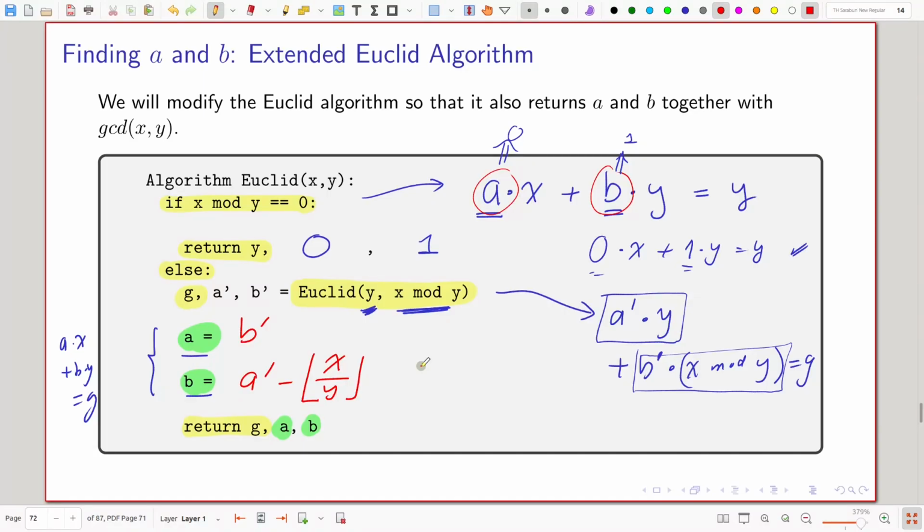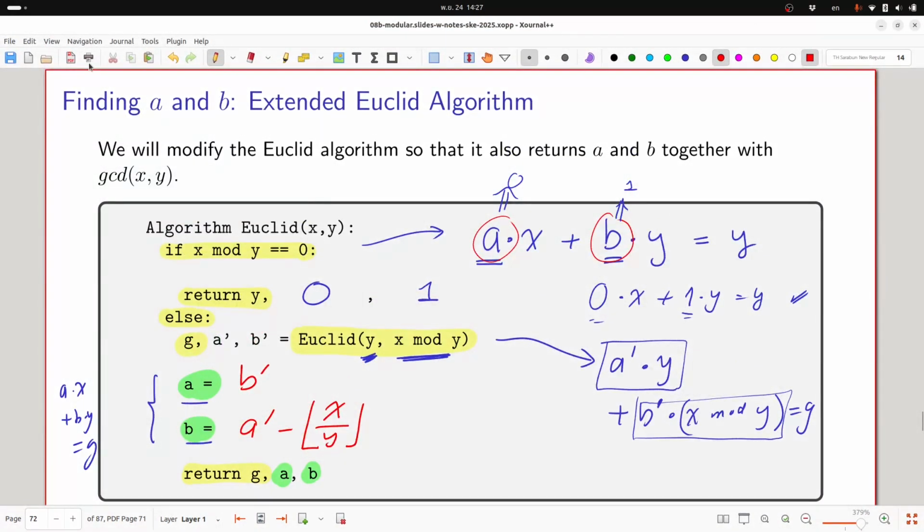Let me try to actually do that. I'll show you this code later on again. So let me work on this number to see how it works for a few steps. But you should remember b prime, a prime minus X over Y, right?